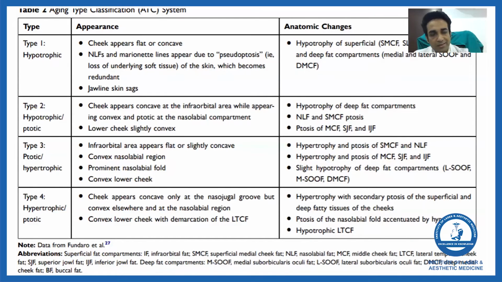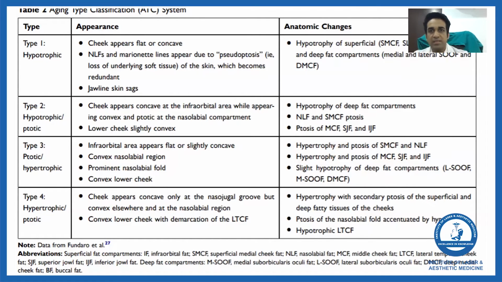Don't go by the types, just try to read about which type you will choose for which kind of thread lift, right? For example, if a patient walks in and his cheek appears to be absolutely flat or a little concave, and these nasolabial folds and marionette lines appear because of, say, laxity of the tissue here, and there is a little sagging, and the jawline is a little sagged.